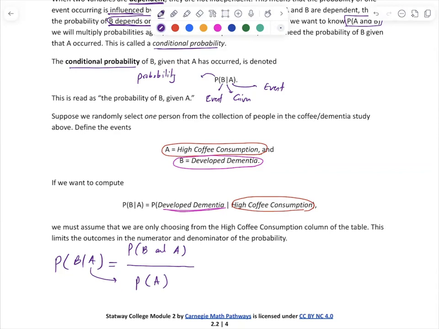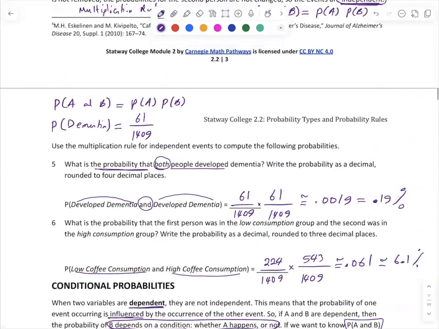On the numerator, you find the intersection between those two events, and on the denominator, the probability of the given event. So let's take a look at this. What is the probability of B and A, developing dementia and being in the high coffee consumption group?